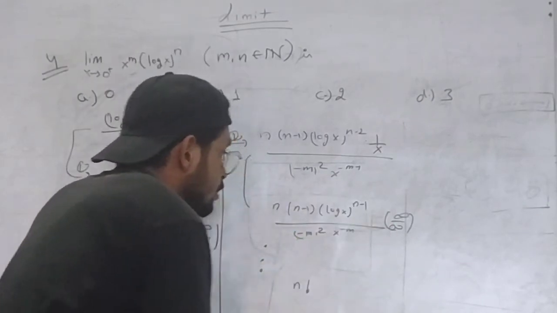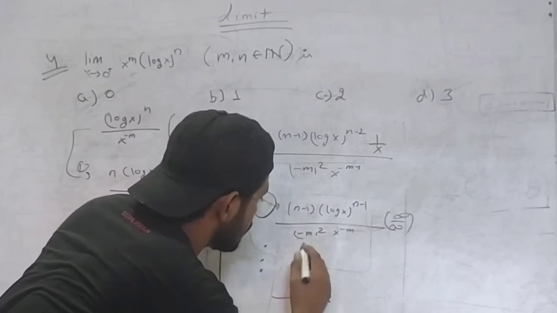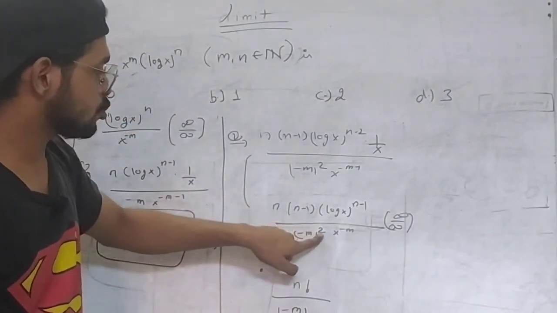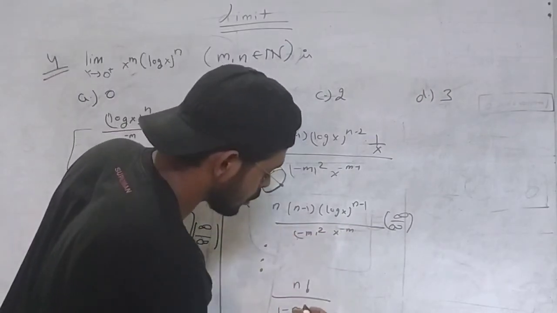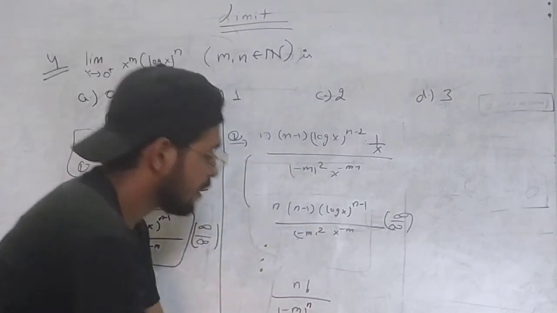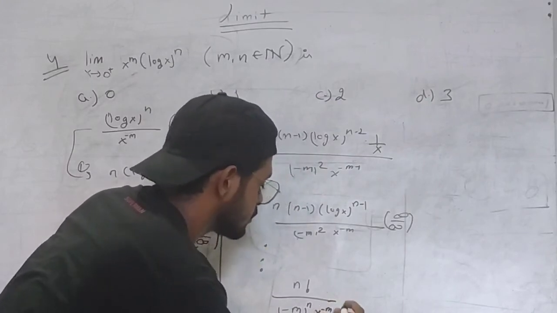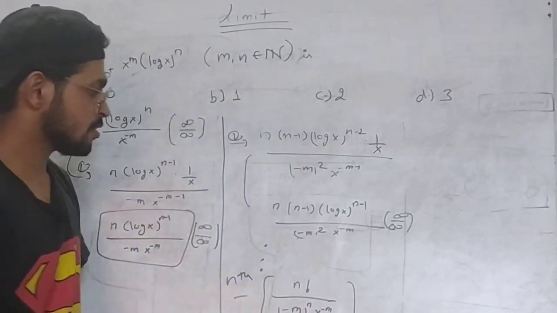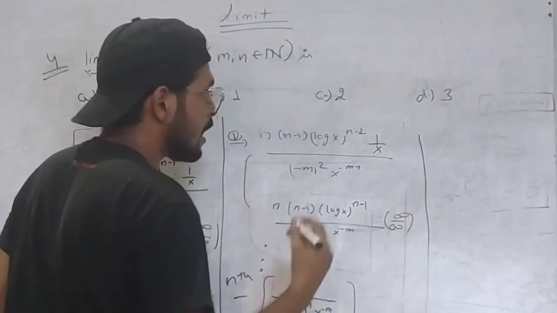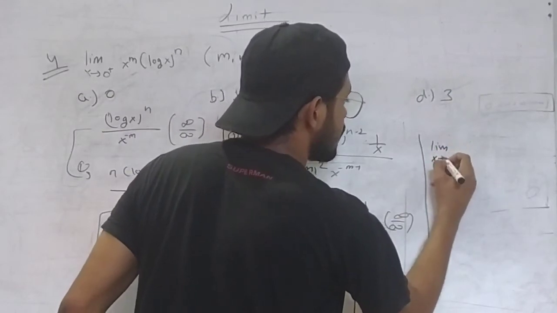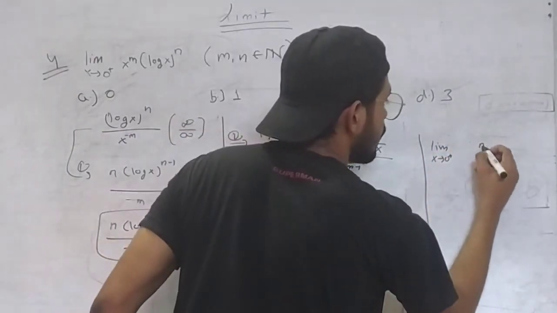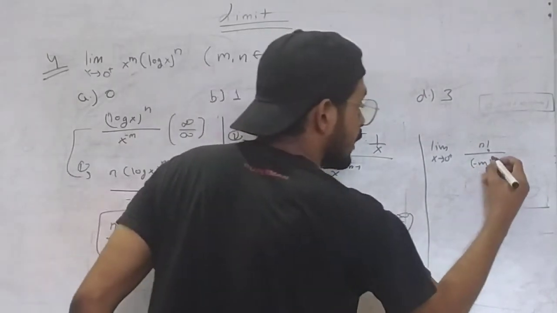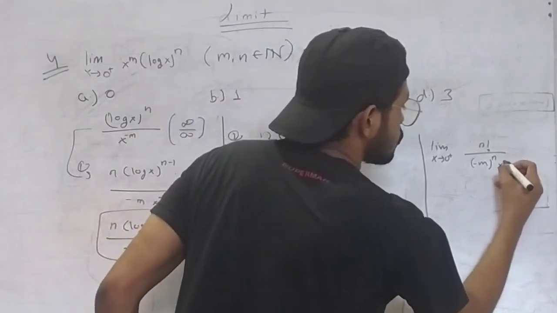Each time we differentiate, we get a factor of minus m, so once it's minus m, twice it's power 2, and at the nth term it's power n, and the x^(-m) term remains the same. So we apply limit x tends to 0 positive on n factorial by (-m)^n x^(-m).